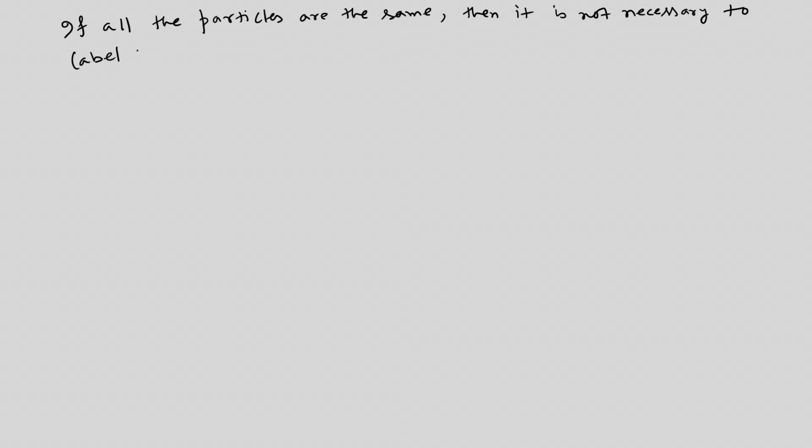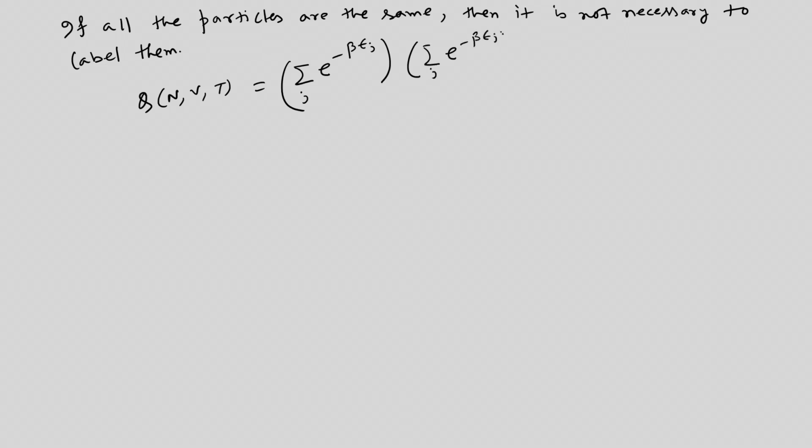So, we can omit the 1, 2, 3 terms. So, we can write q as n number of terms. So, basically we have the sum over j e to the minus beta epsilon j, we have n number of terms.